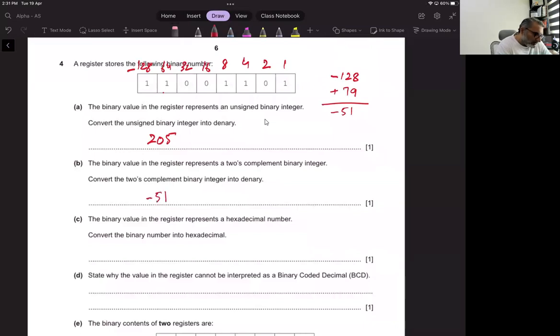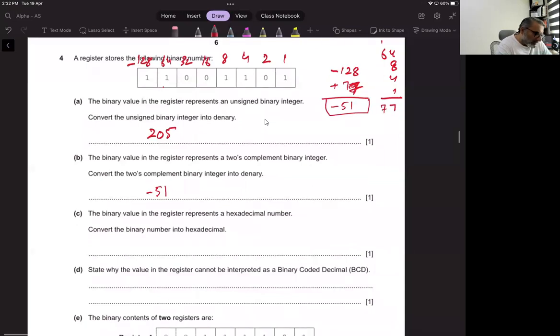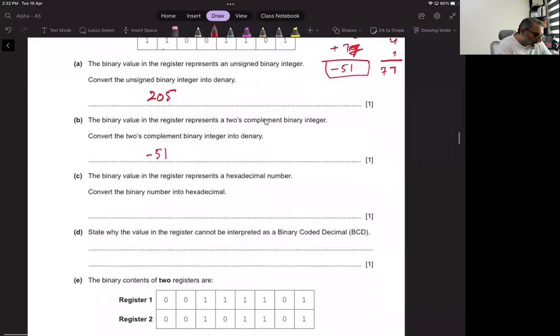All right. 64 plus 8 plus 4 plus 1, 77. Yes, minus 51. The binary value in the register represents a hexadecimal number.